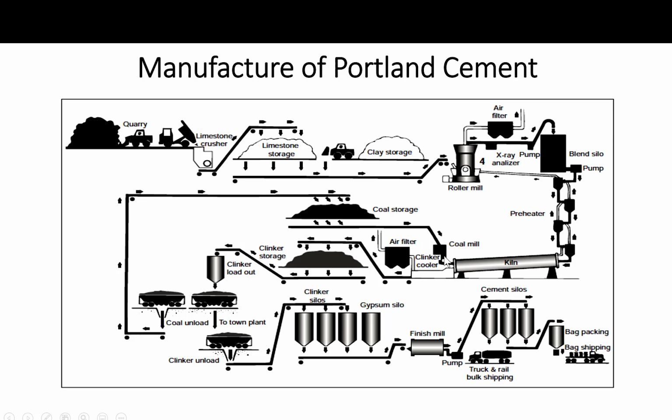After that, cooling the clinker, storage of the clinker right here. And then we have the gypsum silos here, and we have the finish mill for grinding. These are the cement silos, and after that, it's ready for use.